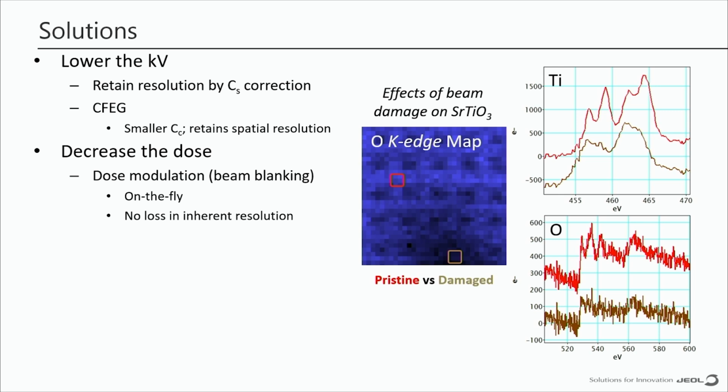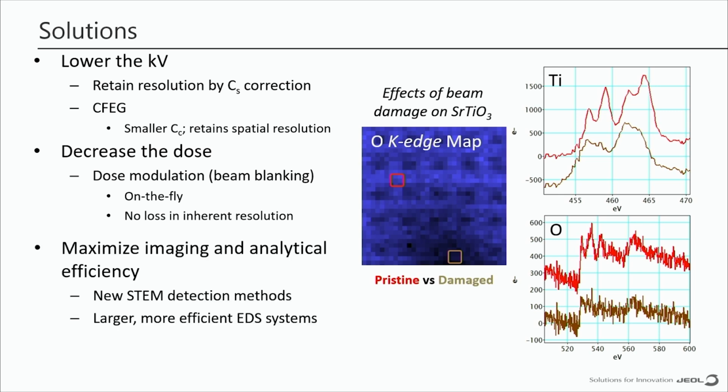We can do beam blanking, electrostatically or otherwise, to really minimize the number of electrons hitting the sample at a given time. It's very much on the fly, and it can be done with no loss in inherent resolution. And we can maximize the imaging and analytical efficiency. We can do this through new STEM detection methods, or larger, more efficient EDS systems, for example, various ways of doing that.